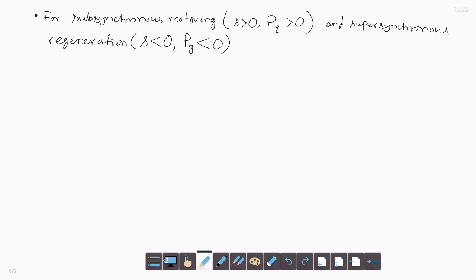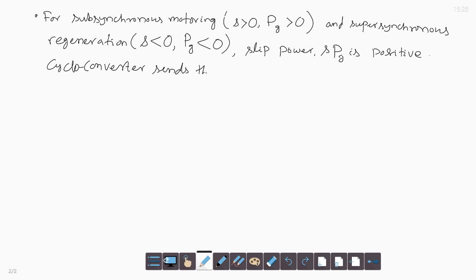So, in these two cases, slip power SPG is positive, and the cycloconverter sends the slip power SPG from rotor to the line.